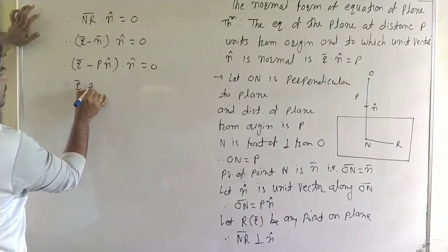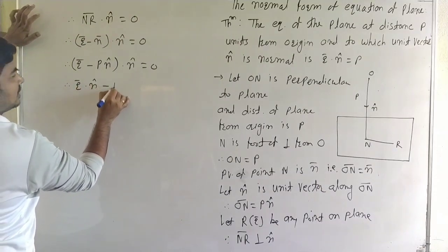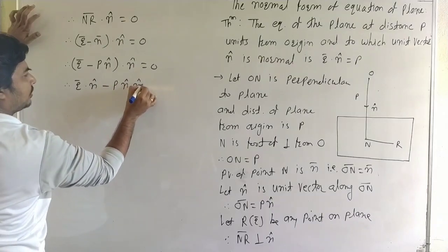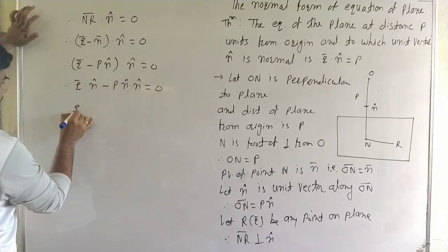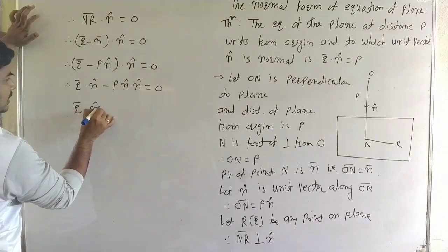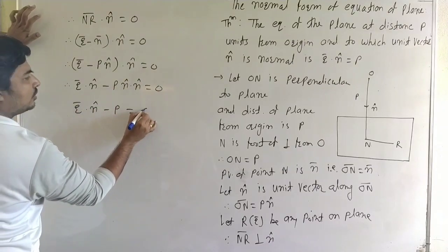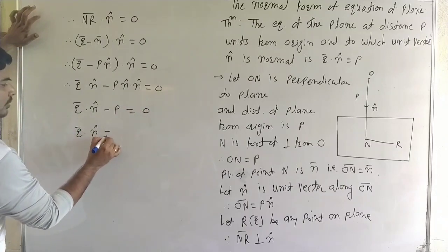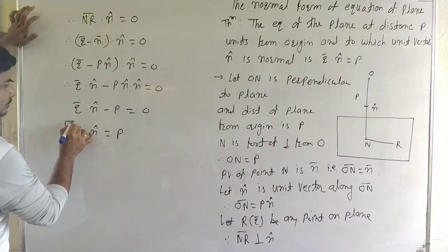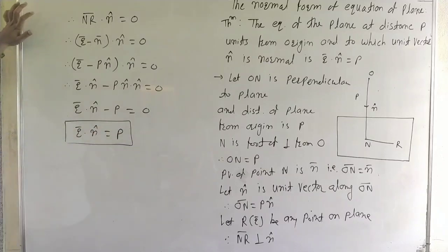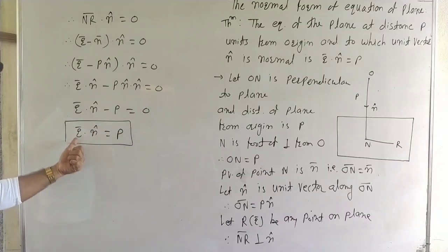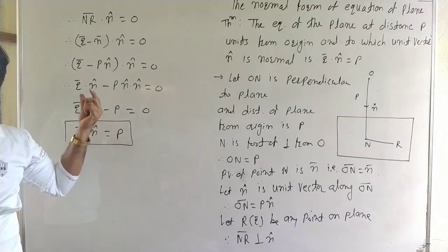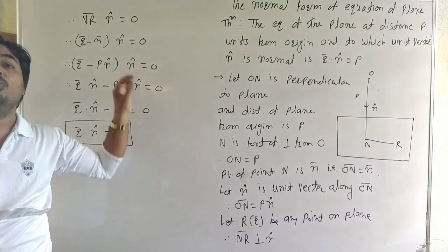R bar dot N cap minus P into N cap dot N cap is equal to 0, and then R bar dot N cap minus P is equal to 0, and therefore R bar dot N cap is equal to P. This is the vector equation of a plane in normal form, where R bar dot N cap is equal to P. Now here P is the distance of the plane from the origin.